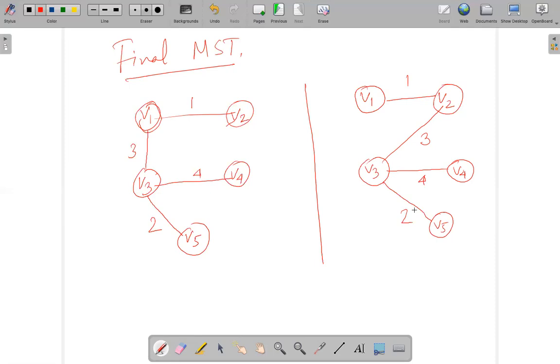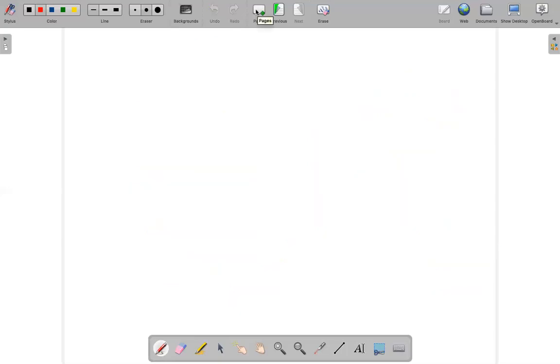And you see the cost of both these MSTs is exactly the same. This is also 10. This is also 10. Okay. So in this way, you actually obtain the minimum spanning tree using Prim's algorithm.